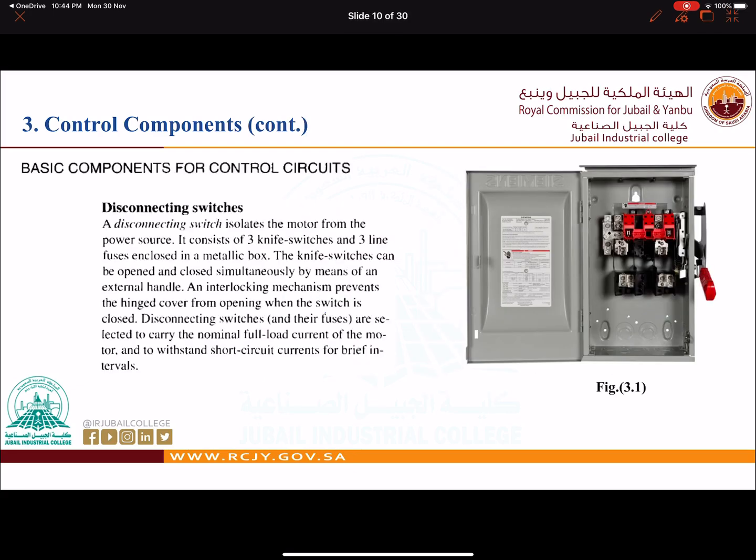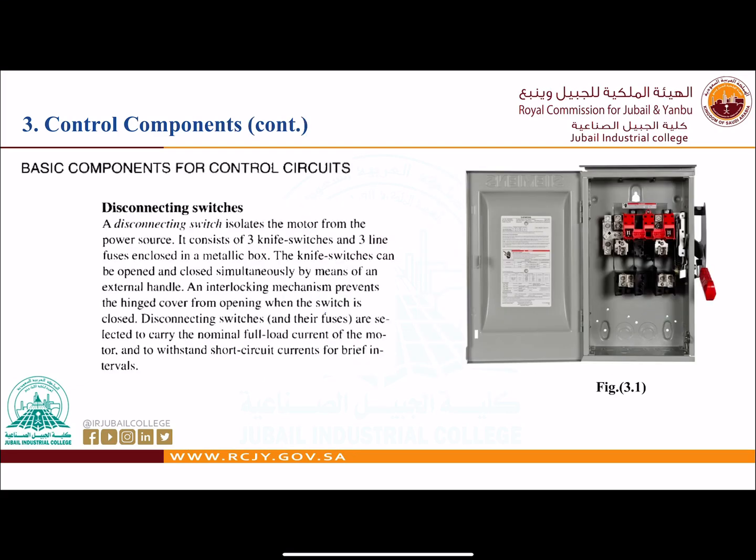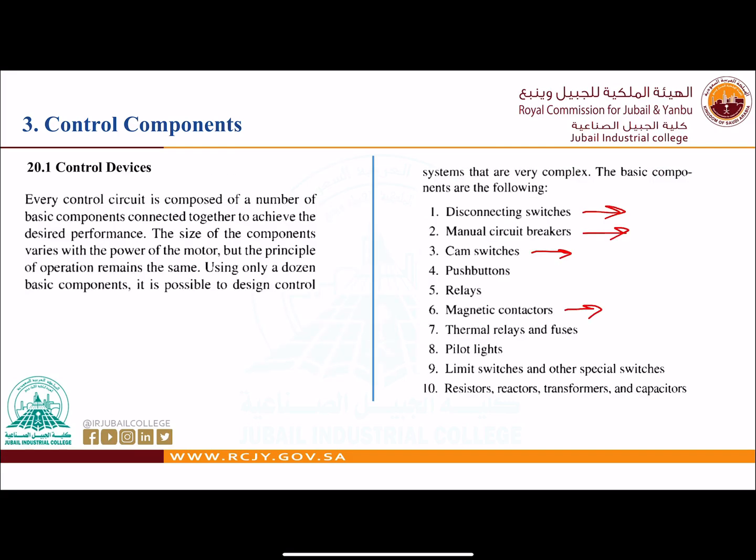Okay. Now, this is the disconnect switch. As you can see from this picture on the right side of the slide, this is a disconnecting switch, which isolates the motor from the power source. I can see this is a single-phase circuit breaker. Some of them they call knife switches, as you can see here.